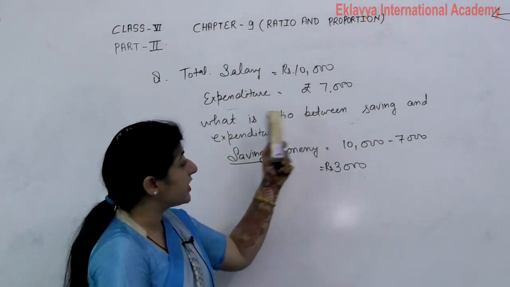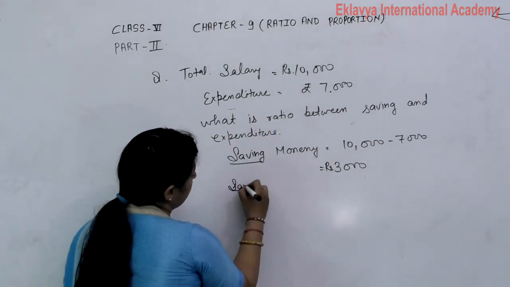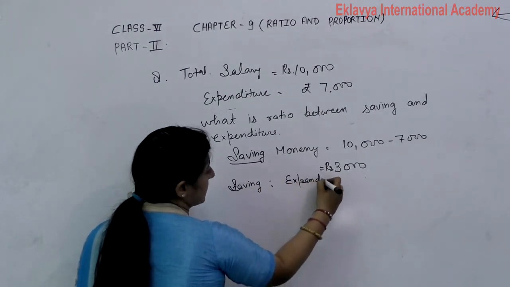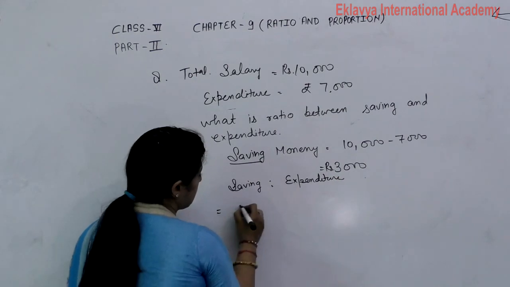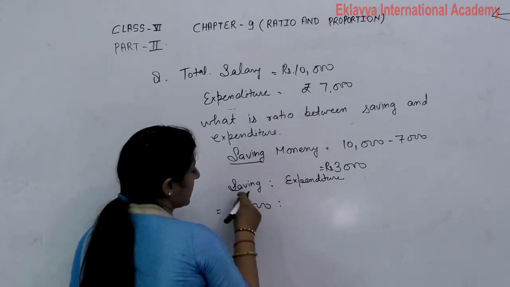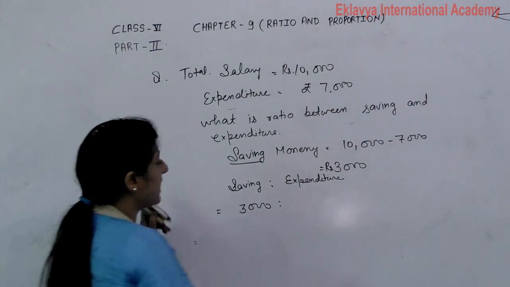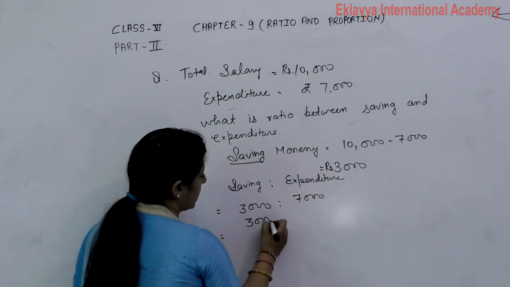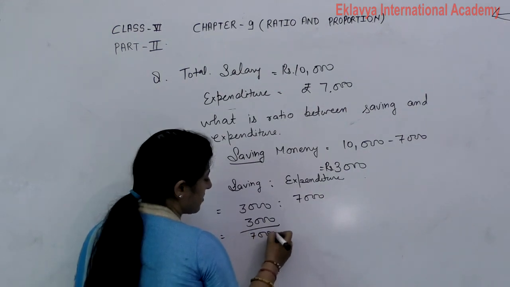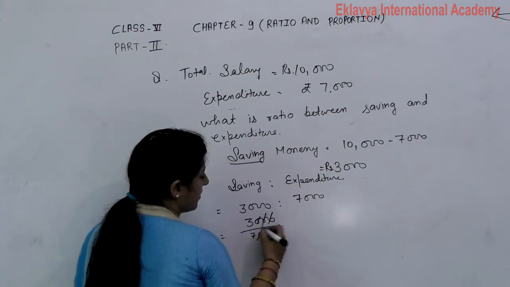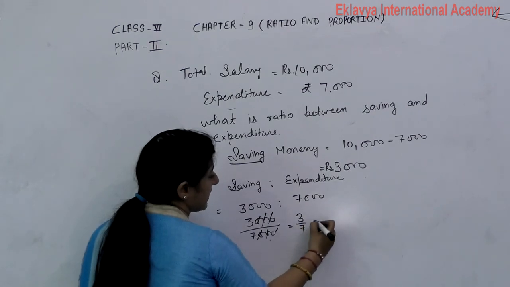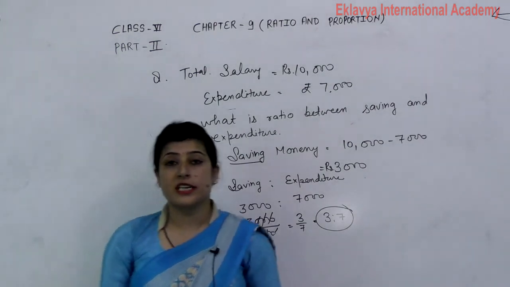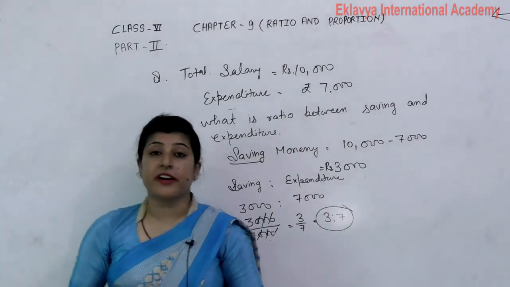Now we want the ratio between saving and expenditure. Firstly we write saving and then expenditure, that is 3,000 upon 7,000, cancel out, then 3/7, so the ratio is 3:7. This is how we find the ratio.